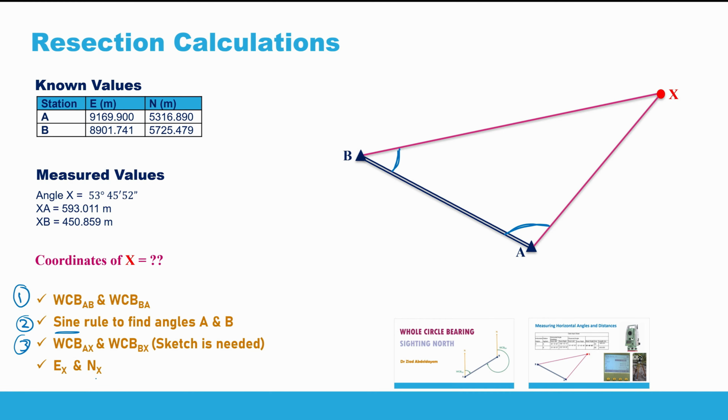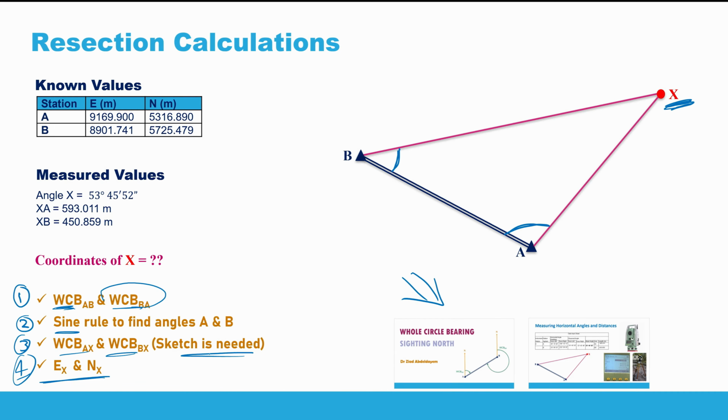And finally, you will apply some simple relations to calculate the easting and northing of X, and this is our aim. As you notice, I have used the term whole circle bearing a lot, so it is important to understand what is the whole circle bearing, how to calculate the whole circle bearing, everything related to whole circle bearing from this video here that I have just mentioned.